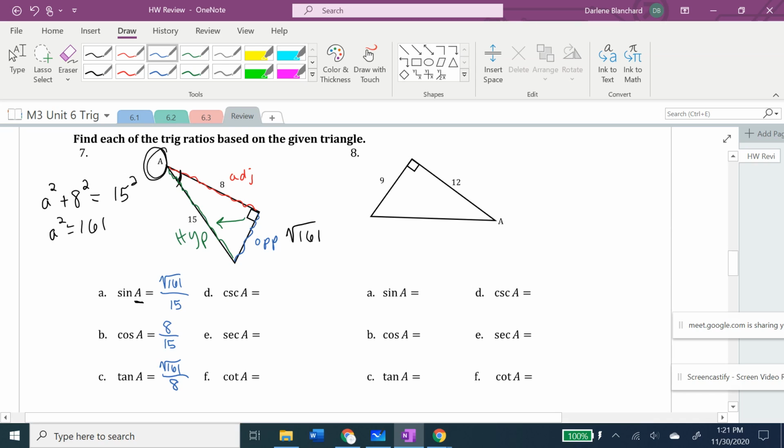If you know who cosecant's reciprocal is, who is cosecant's reciprocal? Yep. So if you know that cosecant's reciprocal is sine, take sine's fraction and flip it over, and you're done.